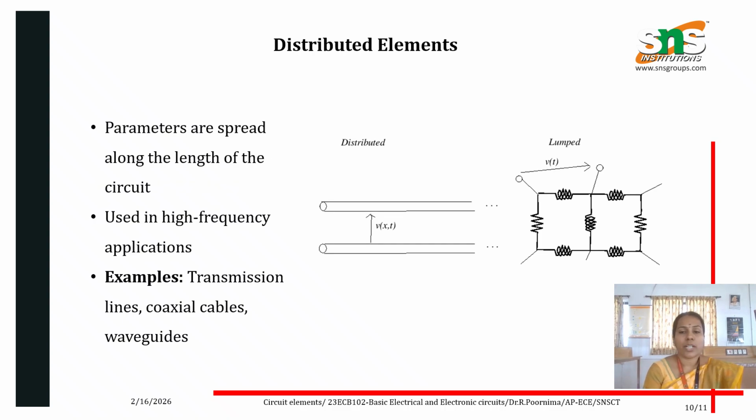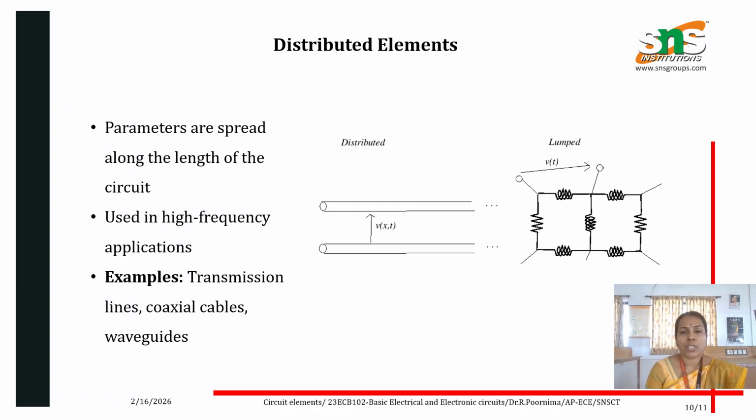And distributed elements. Here the parameters or the components are spread along the length of the circuit. It means the resistors and capacitors are distributed along the length of the transmission line. For example, we use coaxial cable, transmission lines, waveguides, etc. These are used in high frequency applications. In radio frequency and microwave applications, we use these distributed elements.